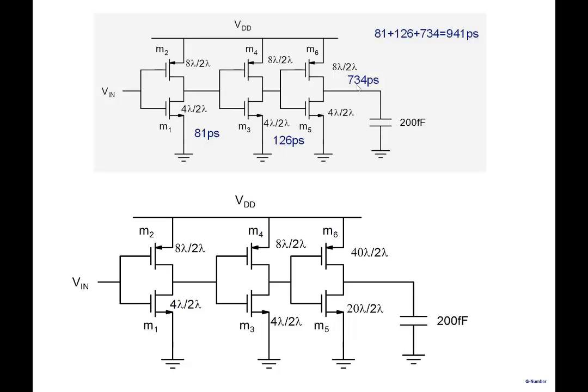Why? The load, capacitive load, will it remain? Now note that the capacitive load at this particular stage is 200 femtofarad external, plus it will come from the transistors also. Okay? But, okay, so let's see. If I simulate, this is what I get.